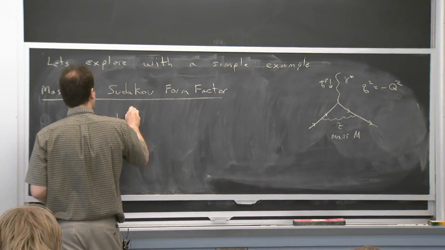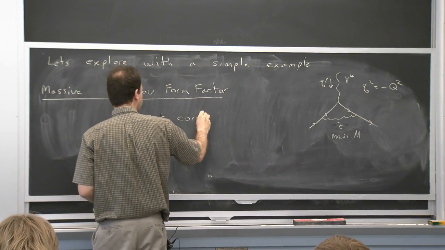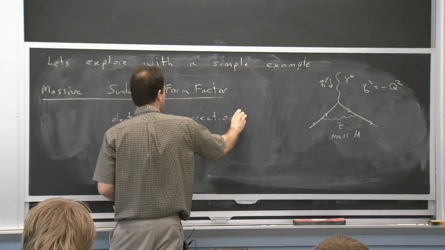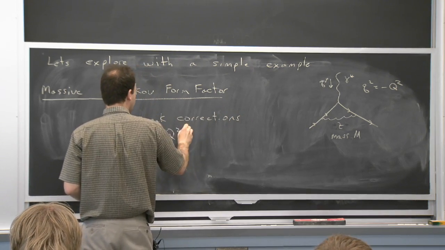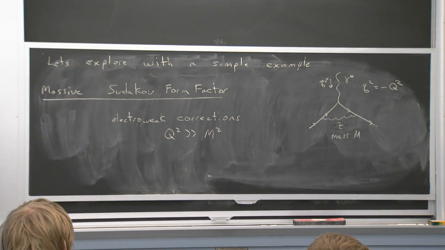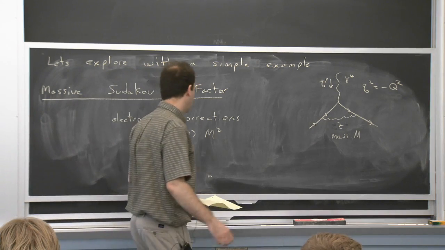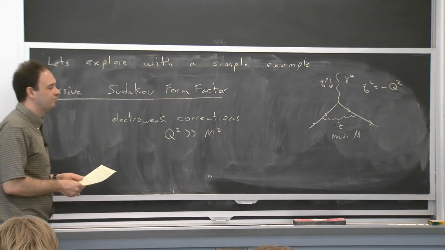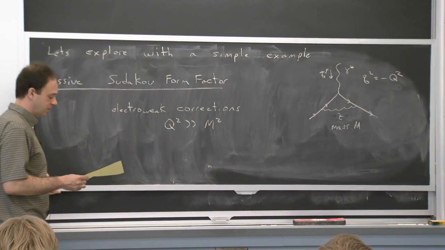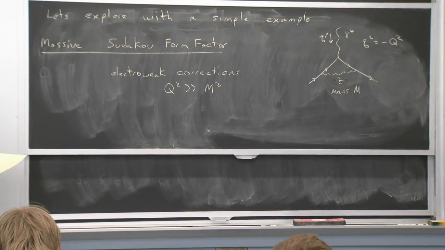This is relevant if we have electroweak corrections in a situation where q squared is much greater than m squared. We're not going to be having gluons. Instead, we'll be talking about these massive gauge bosons, multiple Z bosons, if you like. You could also put the W's in, but let's make it simple and just talk about Z's.